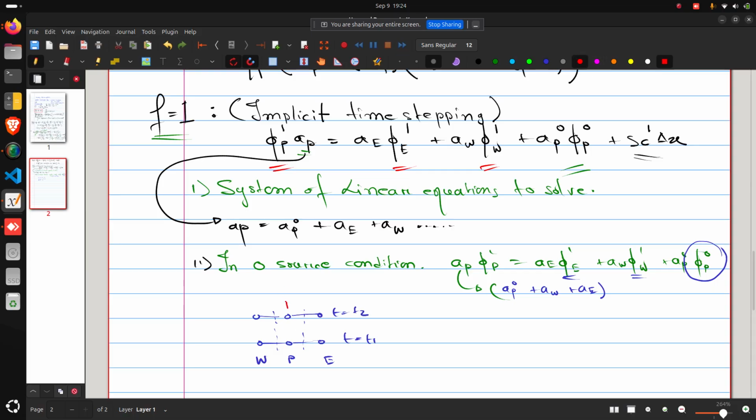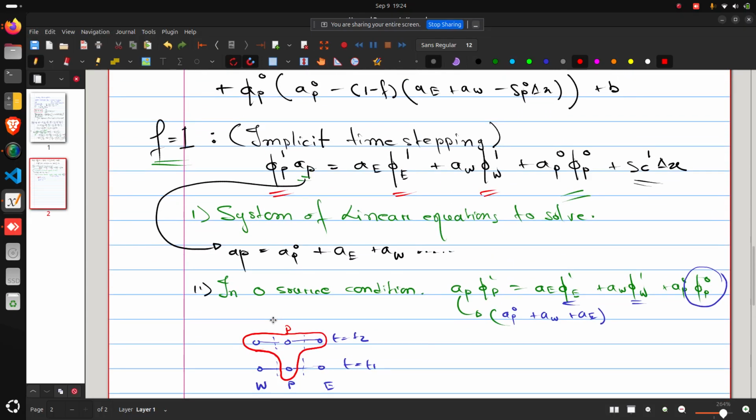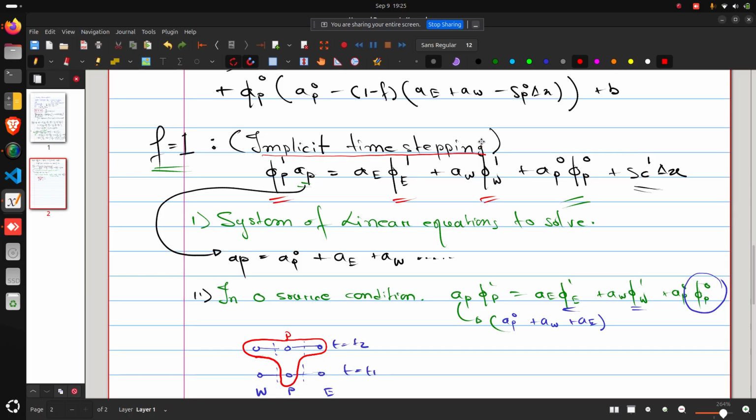So we'll see that this point P will depend on its neighbor in space as well as the neighbor in time, right? So in this way we can say that the implicit time stepping scheme that we have written down here is giving us a bounded solution, right?